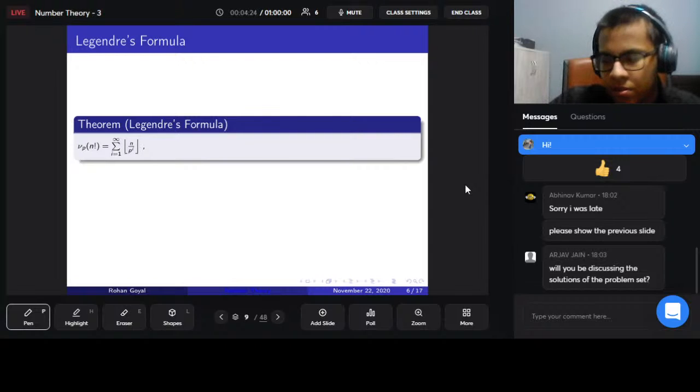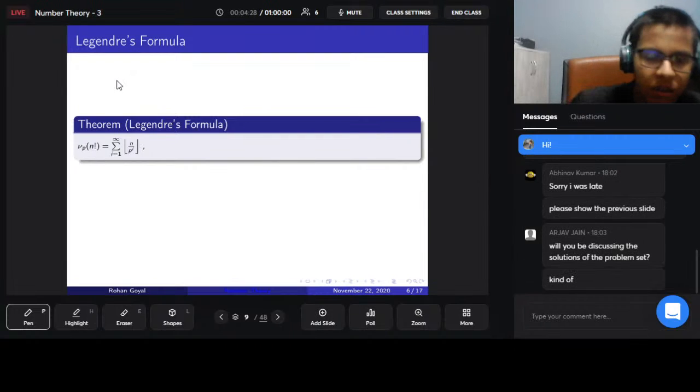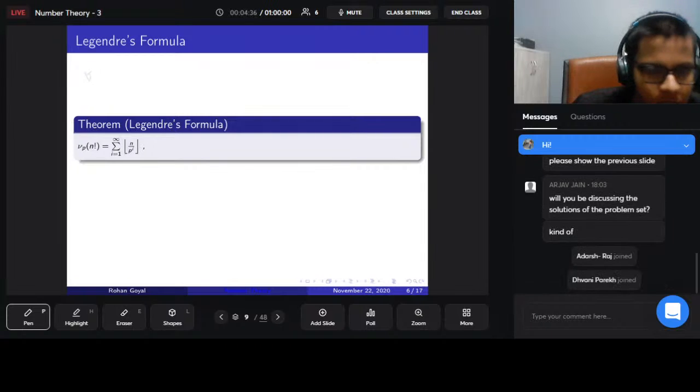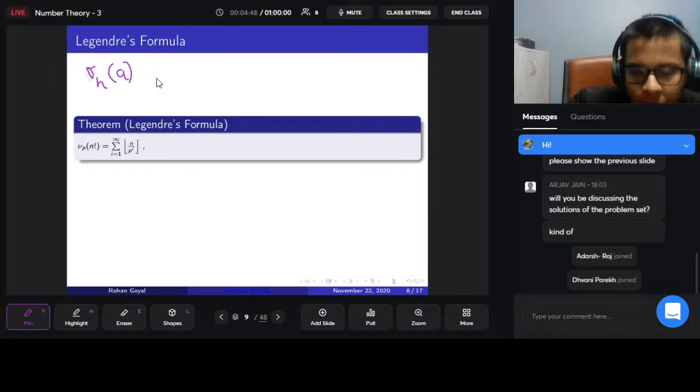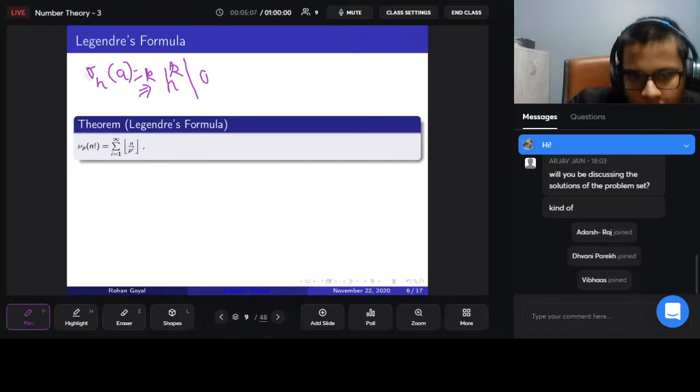Okay, for completeness, I'll explain it. v_p(a) is the largest power of p such that, if it is equal to k, it implies p to the k divides a, and p to the k plus 1 does not divide a.